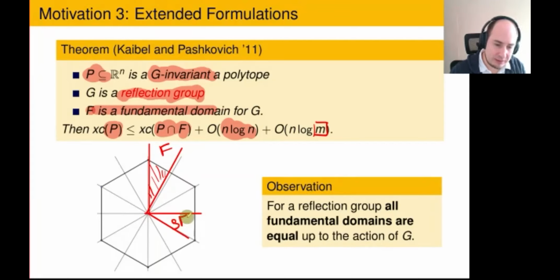But this is just some GF, for some G. So fundamental domains are equal up to the group. If you would like to, for example, generalize this for other groups that are not reflection groups, you probably would need to specify what type of fundamental domain you're considering. And this is a nice direction, I think.